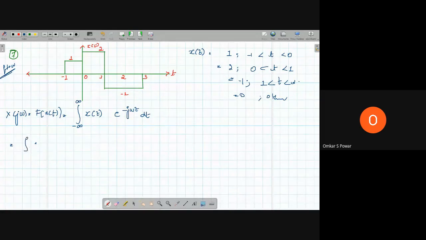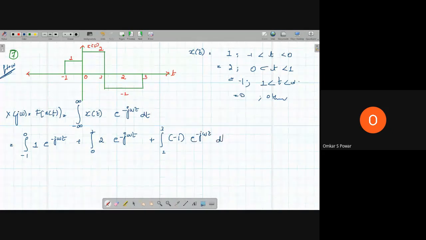So x of t is equal to 1 from limits minus 1 to 0 e power minus j omega t, plus integral 0 to 1 x of t is 2 e power minus j omega t, plus integral 1 to 3 x of t is minus 1 e power minus j omega t. Always write this dt. I forgot that. Sorry for that. Then solve it.